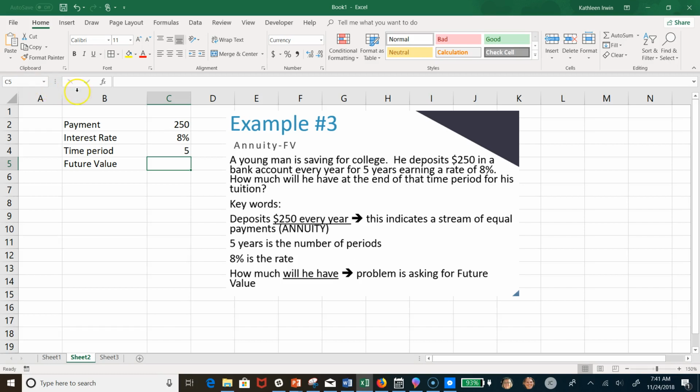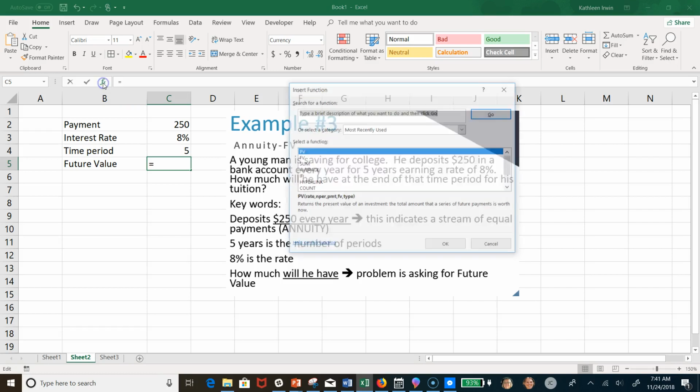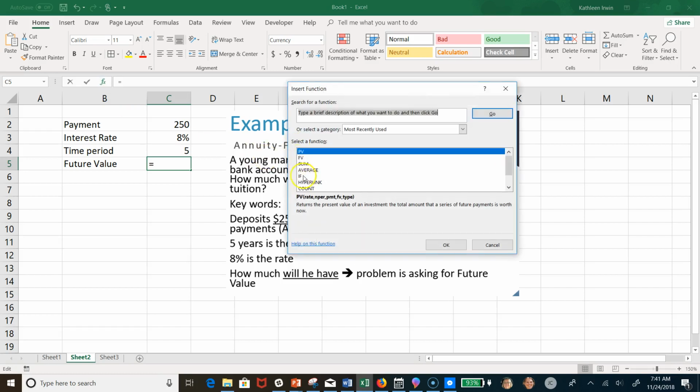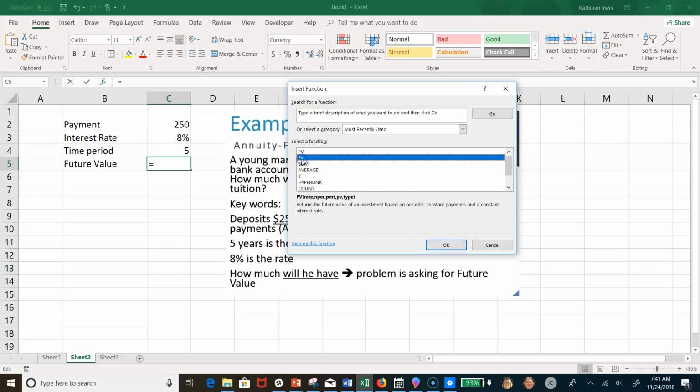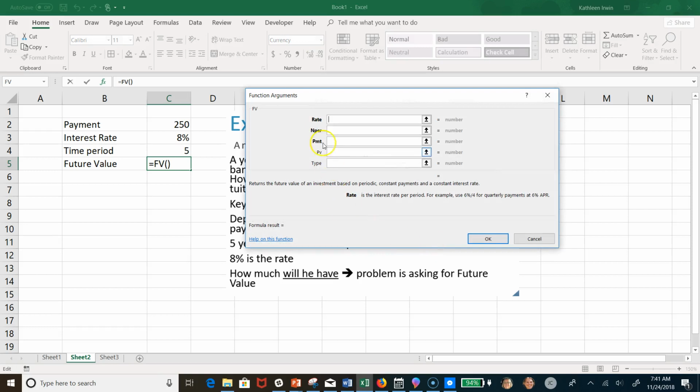And then we're going to come up here and grab our function like we have done in the past. And it should already be in your list because we've already used it. So we're going to click on our future value and click OK. It's going to bring up the same box that we used previously. We're going to go through the same process.